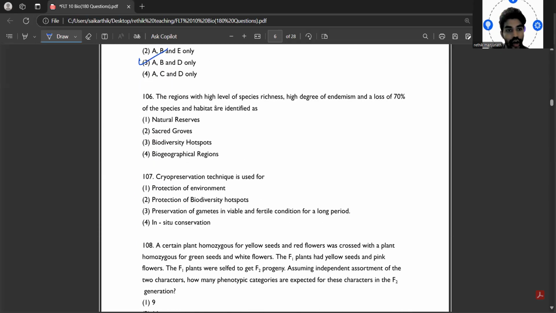So 106 is all about the region with a high level of species richness, a high degree of endemism, and loss of 70% of the species and habitat. What is it identified as? It is actually identified as a biodiversity hotspot.